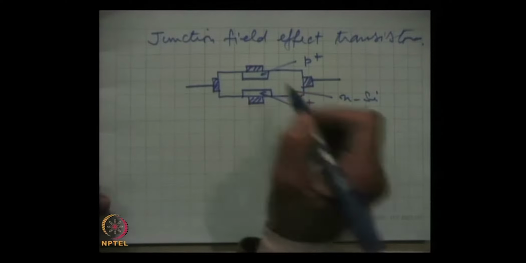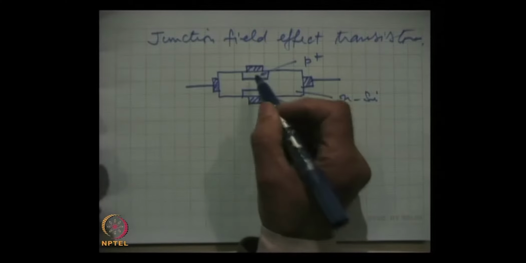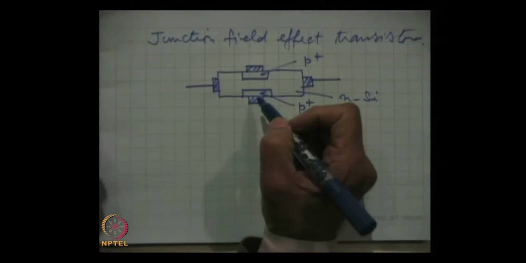The two p type regions which have been formed on the two sides of a small crystal of N type silicon are shorted internally.